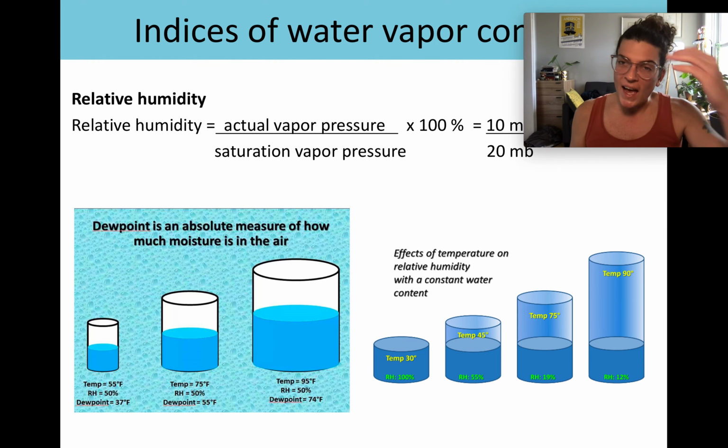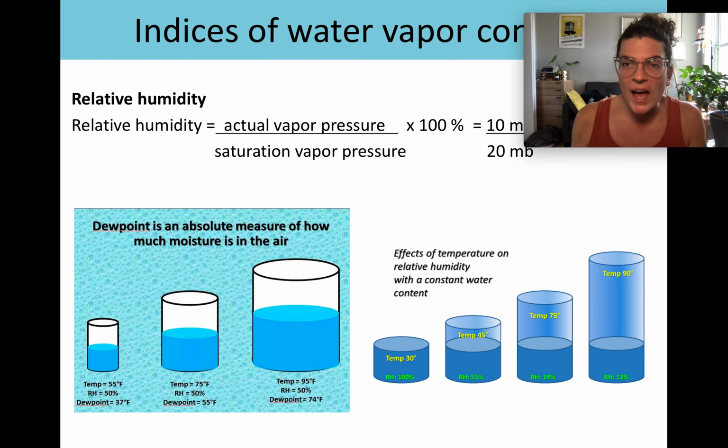And if you divide the actual vapor pressure, actually how much water that air contains, by the saturation vapor pressure, and you multiply that number times 100, that is the relative humidity. The relative humidity is measuring how saturated a parcel of air actually is. It's not measuring how humid it feels at all. The relative humidity is measuring what percentage of total water vapor that particular parcel of air is holding relative to how much it can hold.